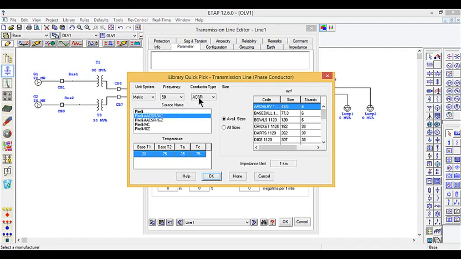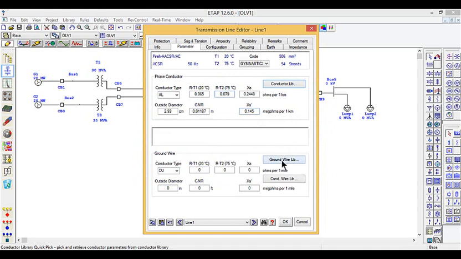At the moment we are selecting ACSR conductor. We can also select other types, that is triple AC or double AC conductor. So it's better to have ACSR conductor, and we are selecting a conductor at the moment. These are the available sizes.